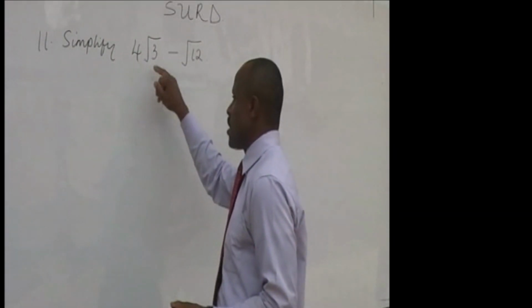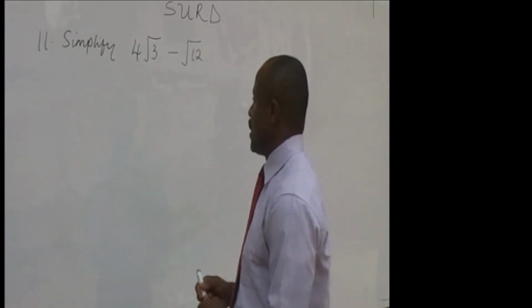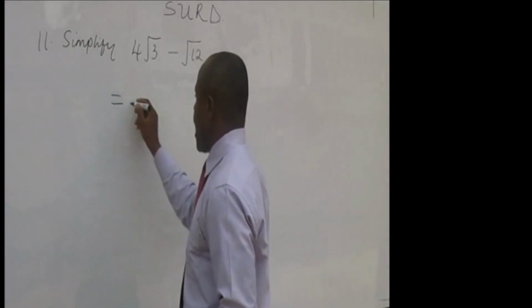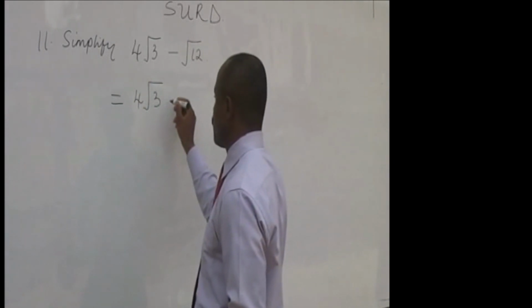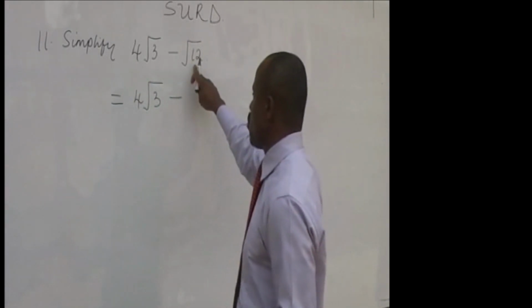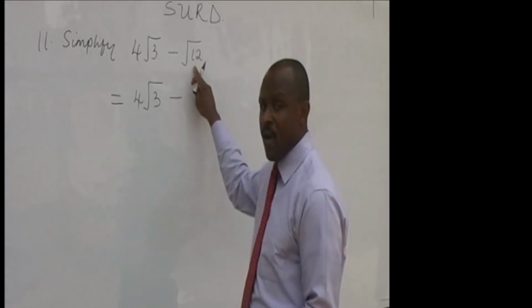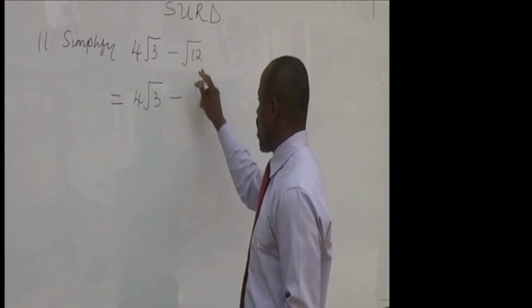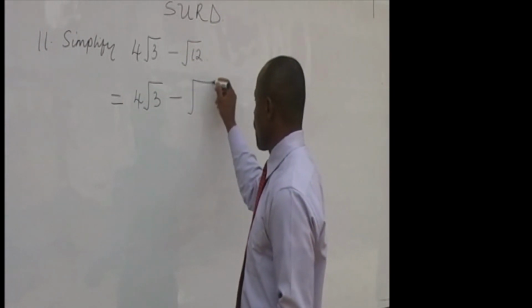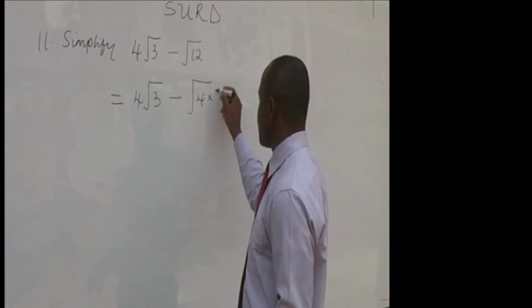Simplify 4 root 3 minus root 12. We are going to have from this 4 root 3 minus, you know that 12 is 4 times 3, and 4 is a perfect square. So instead of root 12, we are going to have minus root 4 times 3.